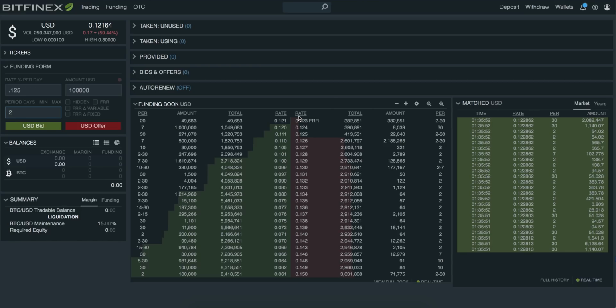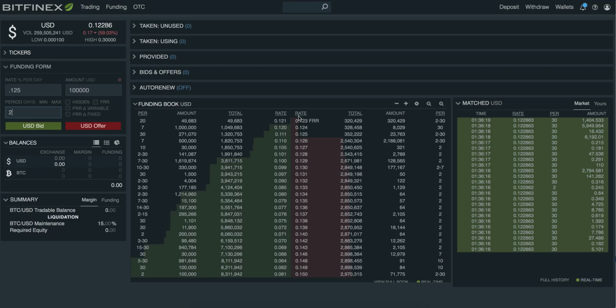Say you have $500,000 in your account but you're only trading 100,000 right now. So loan out 2 or 300,000, whatever you feel comfortable with. The minimum you can loan is $50. It's not going to be much, a couple dollars a day, but something's better than nothing.